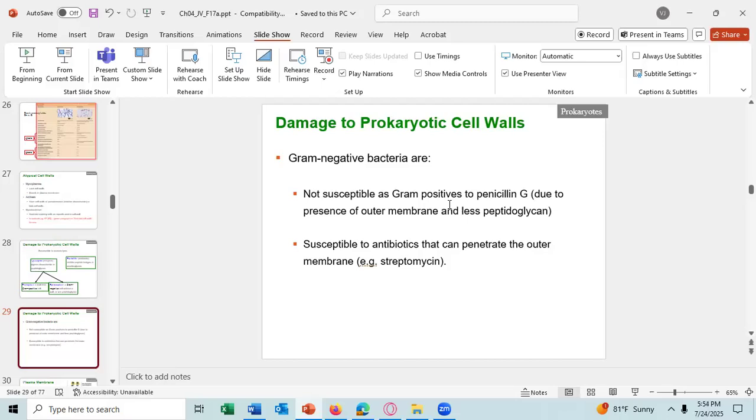And there are other antibiotics which can get through the gram-negative cell wall, like streptomycin is a lipid-soluble or fat-soluble antibiotic and can go right through the outer membrane of the gram-negative cell wall. All right, any questions about how to damage a prokaryote cell wall?